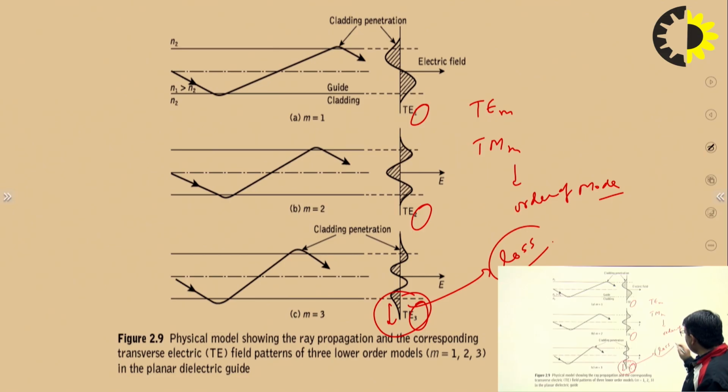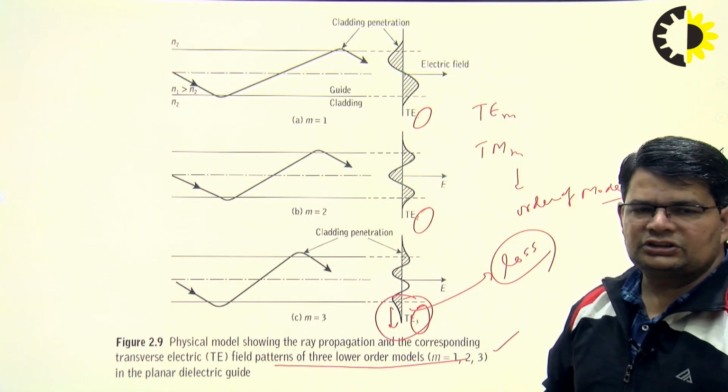Light penetrated into the cladding does not propagate through the fiber, which is eventually lost in the form of heat or radiation. So we should try to have lower order modes inside the optical fiber. As the value of m increases, penetration into the cladding also increases.